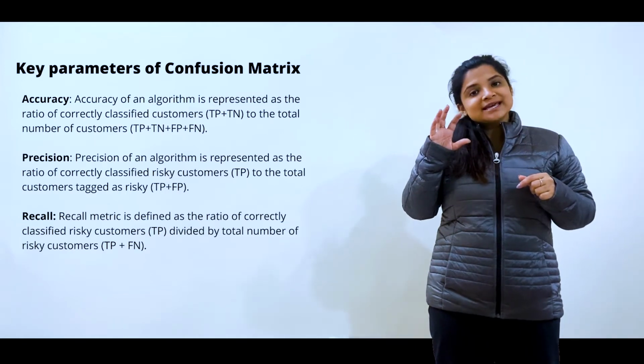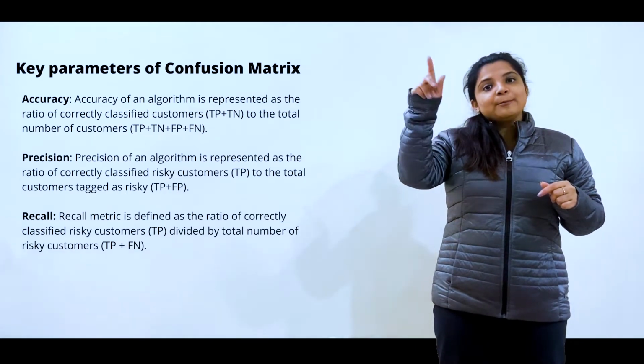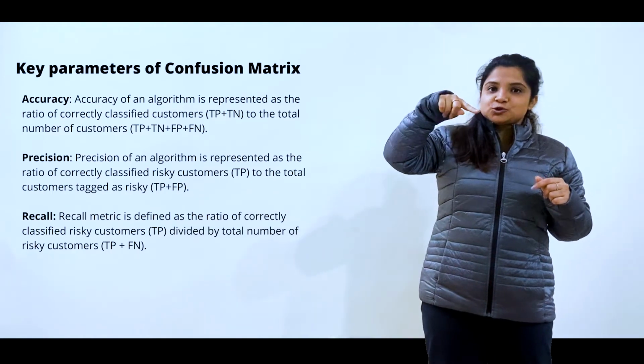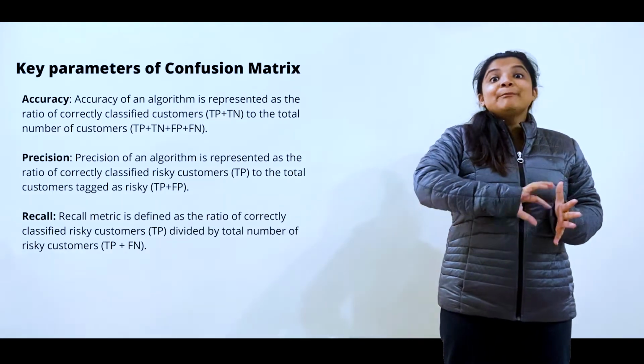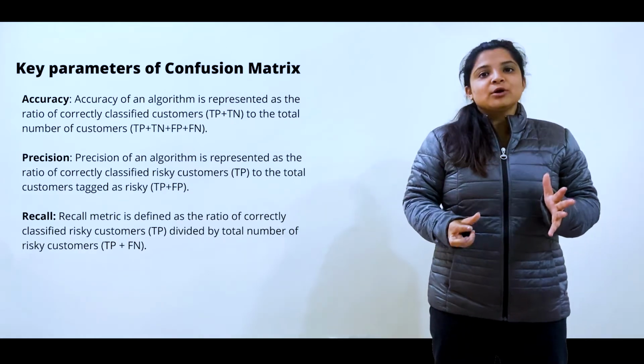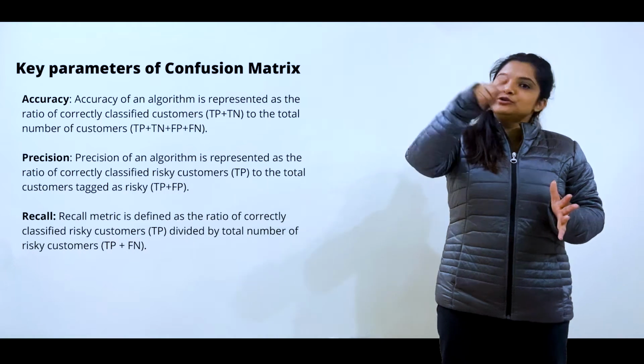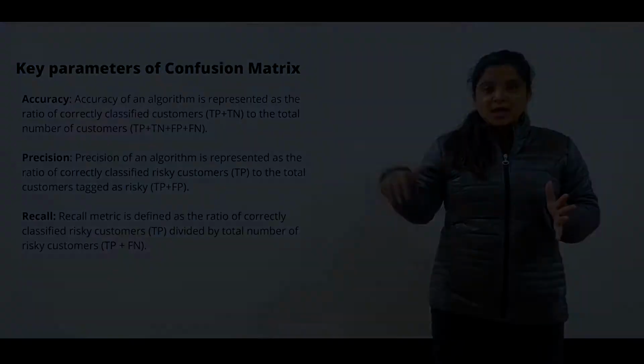So the precision is true positive upon true positive plus false positive. You add the first row, which tells you how precisely my model is able to tag the correct risky population out of the total population that is being tagged.